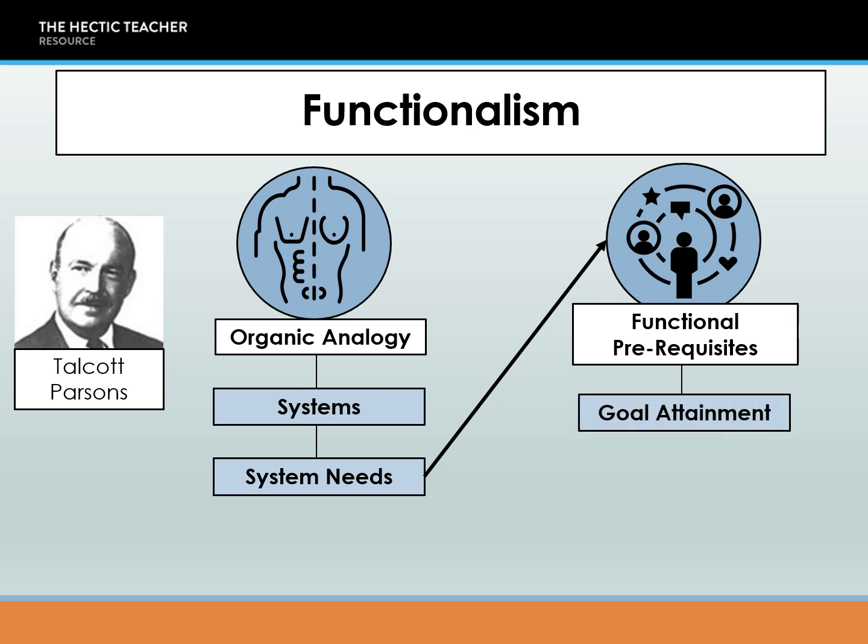So the first one is what he referred to as goal attainment, sometimes referred to as the political function. And what Parsons means by this is society needs to set goals and make decisions about how power and economic resources are allocated.